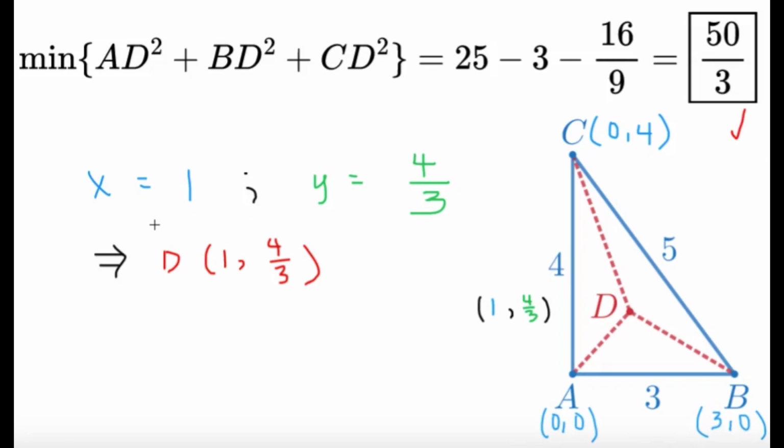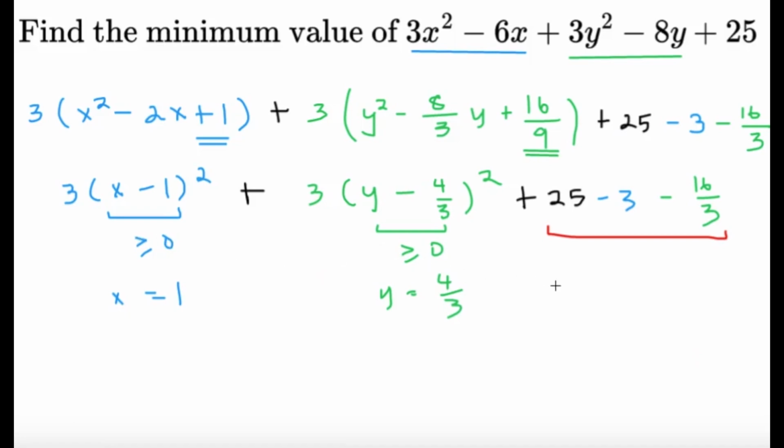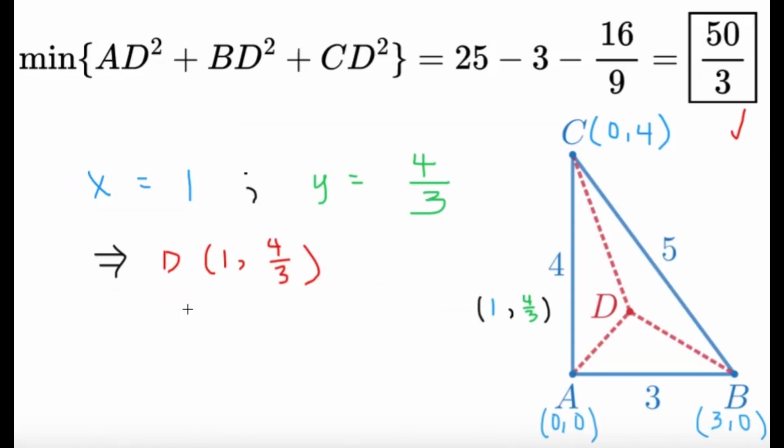Now, just a little bonus here. x equals 1 and y equals 4 over 3 is when the minimum value is attained. So we know that the coordinates of D, which we set a while ago to be (x, y), is at (1, 4 over 3). It's kind of interesting because 1 and 4 over 3 are exactly 1/3 of the two legs.